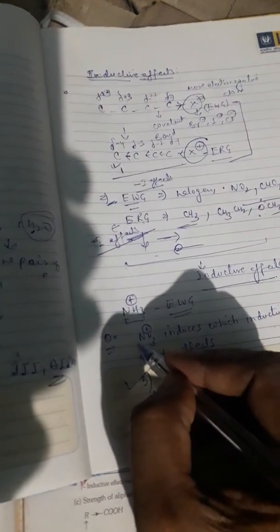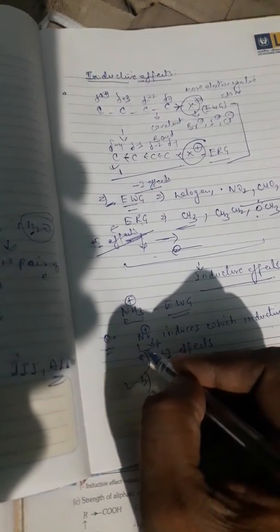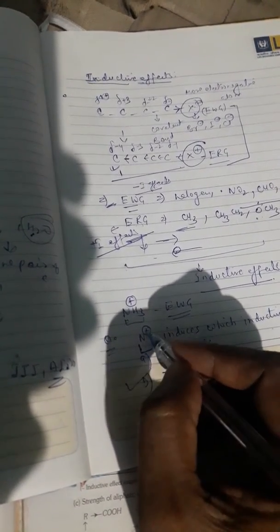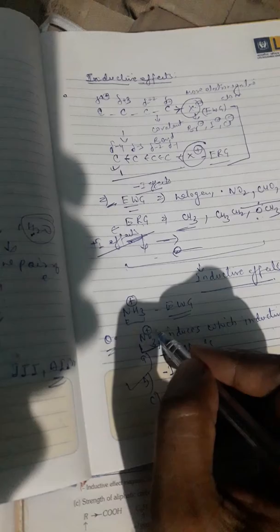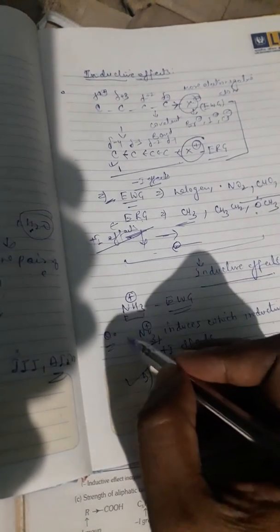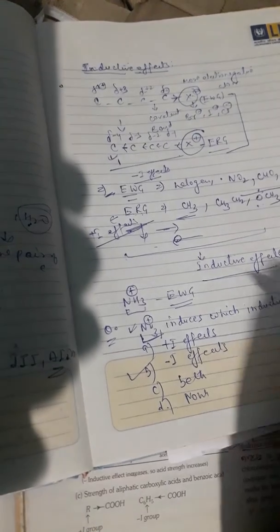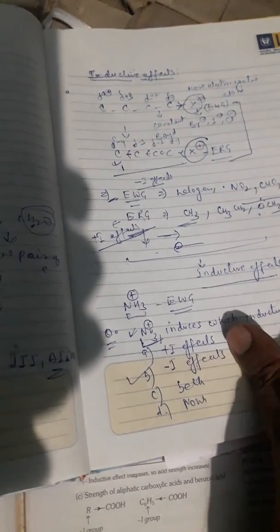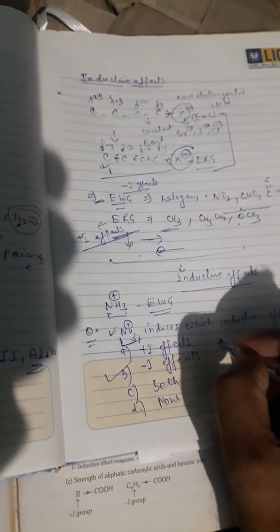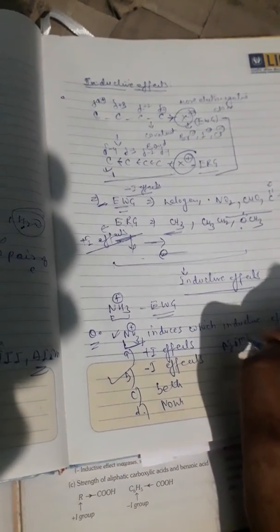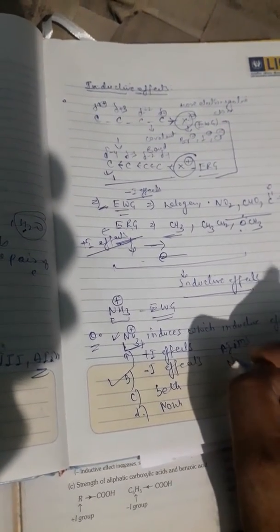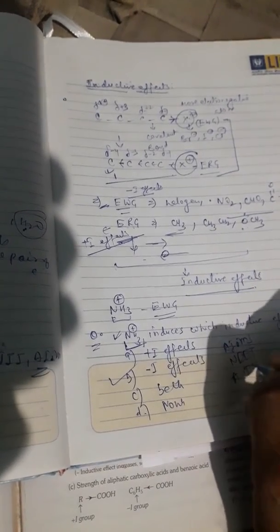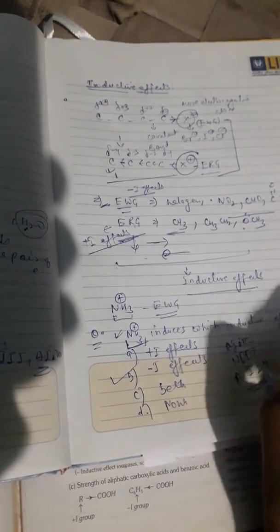Ammonium, basically what happened here, a student can make a mistake because after seeing the positive charge, they analyze that it acts as an electron releasing group, but it acts as an electron withdrawing group. So it is a very important question for JEE exams, and NEET also. Then for IIT also, this type of question can be asked.